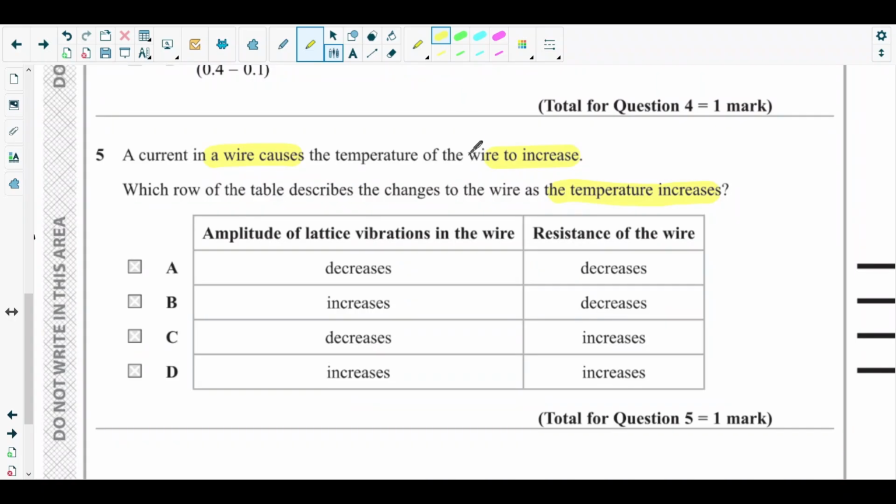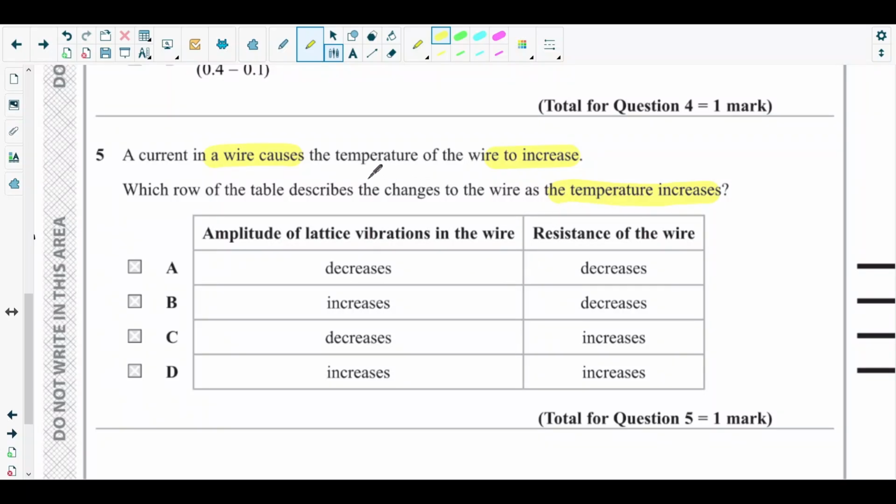Because as the vibrations increase, there will be more collisions between the lattice and the flowing electrons, and therefore the vibrating lattice will put more obstruction to the flow of electrons. Therefore resistance will increase as the lattice vibration increases.